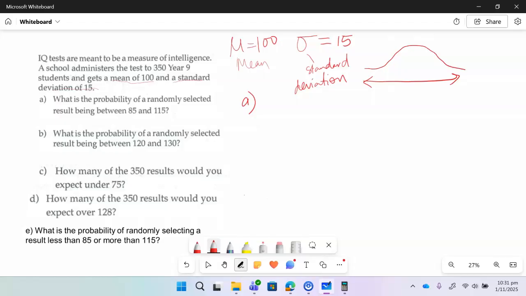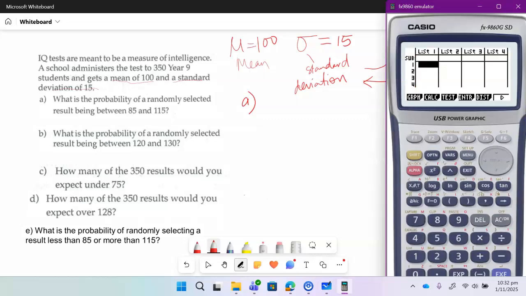Something like that. So your mean is bang in the middle, which means 85 would be roughly here and 115 would be roughly here. So when they say what the probability is, what they're asking for is the area under the curve between 85 and 115.